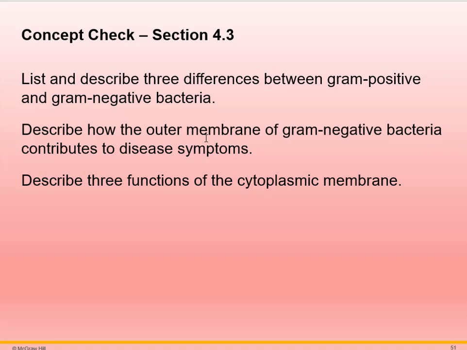The antibiotics that have to get past the cell membrane even to get to the proteins and to do damage inside the cell internally are going to be naturally resistant, especially if they're not able to get past that outer membrane. So that outer membrane protects the gram-negative bacteria.